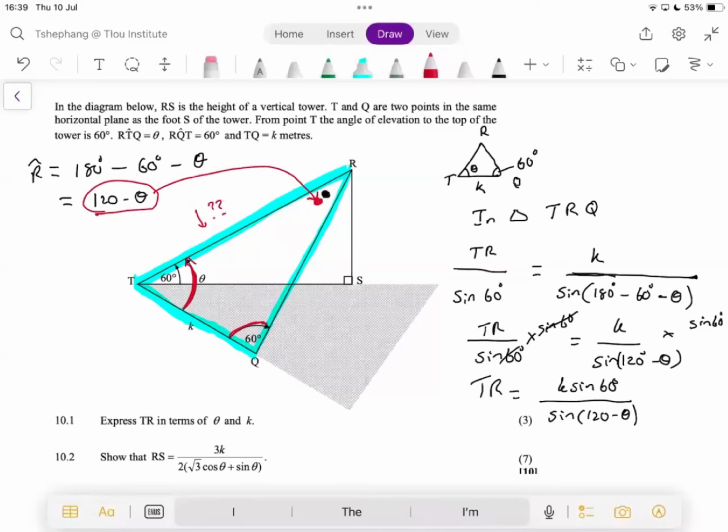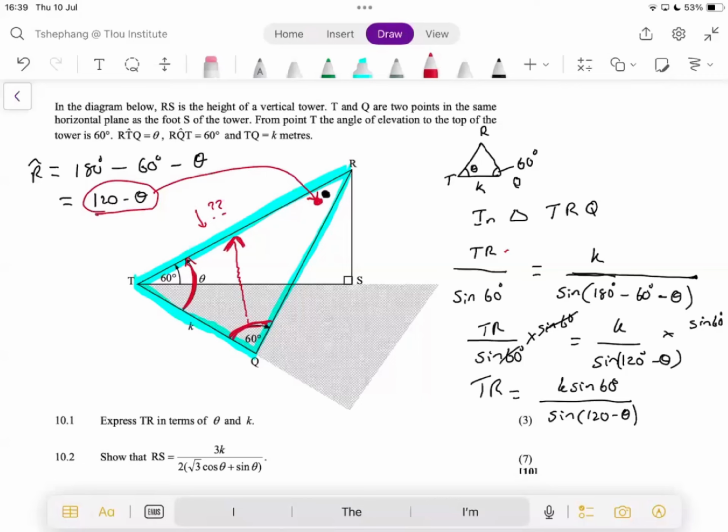Now, we're in agreement that we can use the sine rule. Okay? So if we're using the sine rule, we can say what? TR over what? Over sine of 60. So remember, it's the side and the angle that it's opposite. So this, I always say it's an I. Where is it looking? It's looking there. So it goes together with that side.